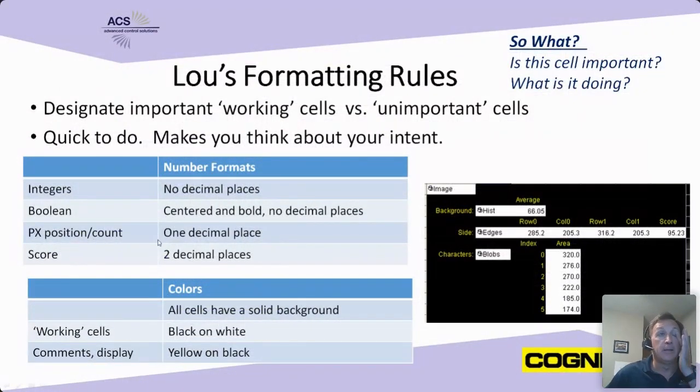Then I've gone in and said, if I'm talking about pixel positions, 1 decimal place, scores might be 2 decimal places. So you can go through these things and say, okay, that's going to be a score. All these guys are positions, score down here. I don't have any bools in here, and these indices are integers.